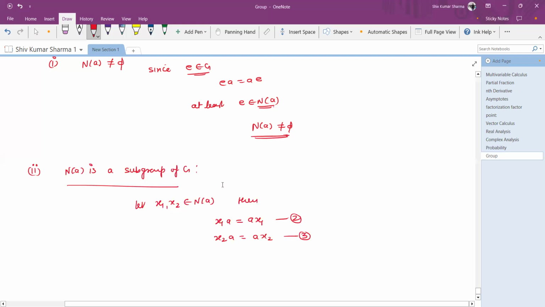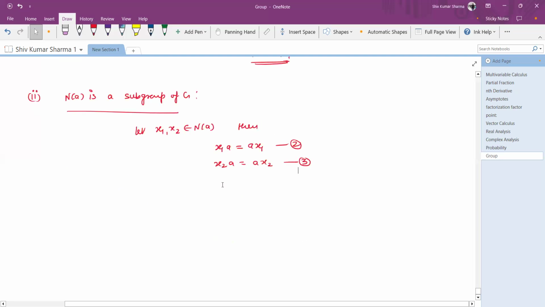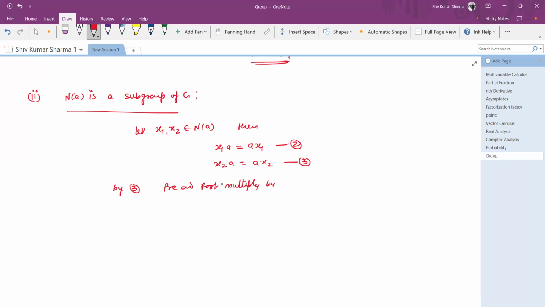Now by using equation 3, we pre and post multiply both sides by x2 inverse.